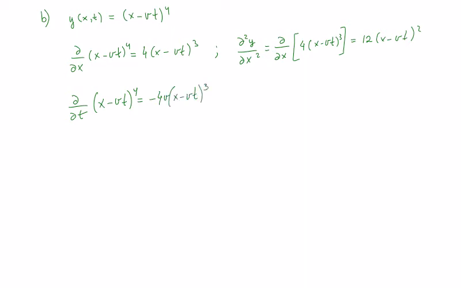Now the second derivative by t would be d dt of negative 4v (x minus vt) cubed, that equals 12 v squared (x minus vt) squared.